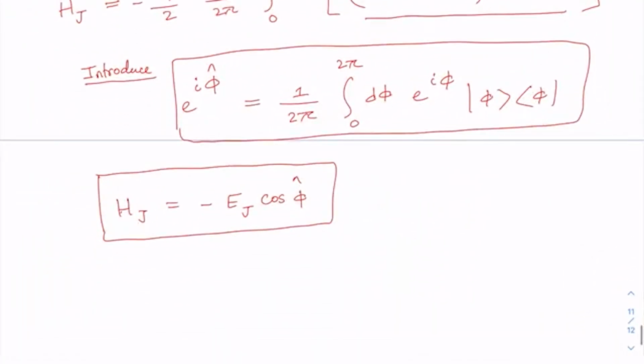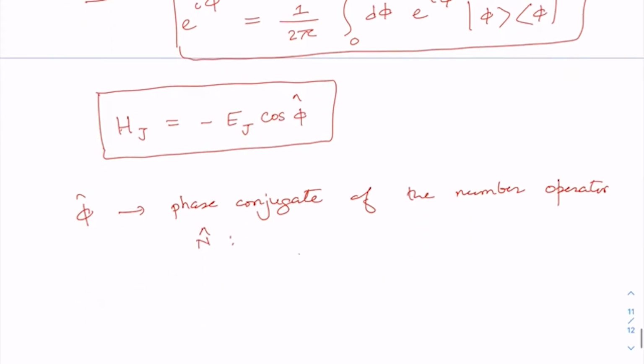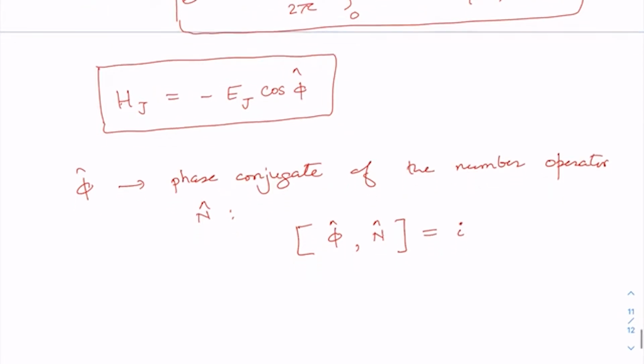Now this operator phi cap, the phase operator, is the phase conjugate of the number operator n cap, and in fact this is reflected in the commutation relation between phi cap and n cap. They don't commute, they are uncertain, they are conjugate variables.